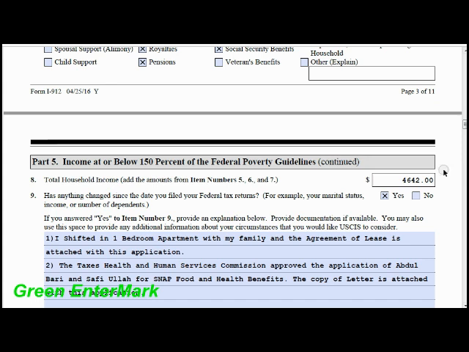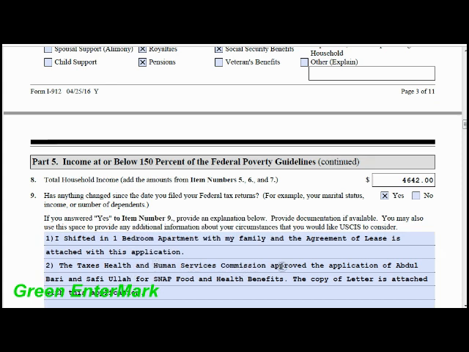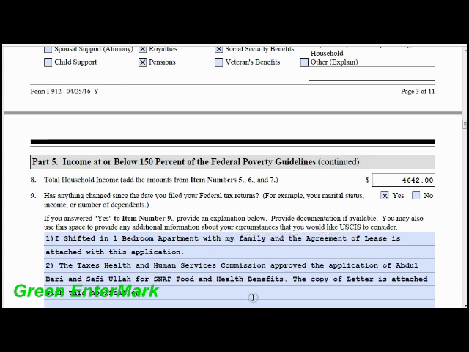Has anything changed? Just like last year you were in another house, you changed your house, so you have to mention any change regarding your income or expenses, such as a shift in bedroom, apartment, or family. The Texas Health and Human Resources Commission approved the application of Abdul Bari and Safiullah for SNAP food and something like that.